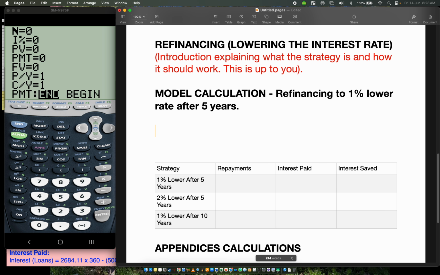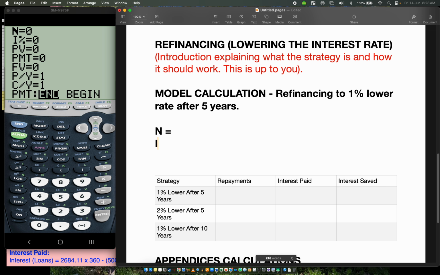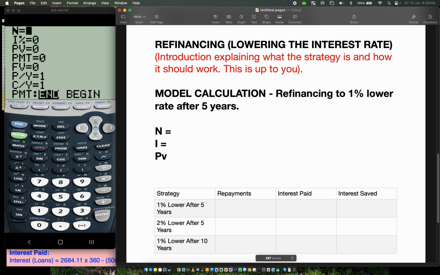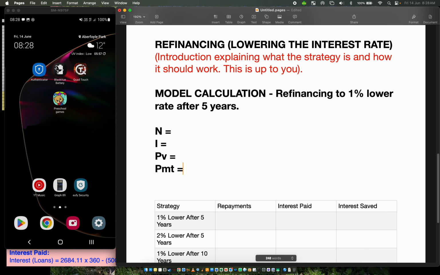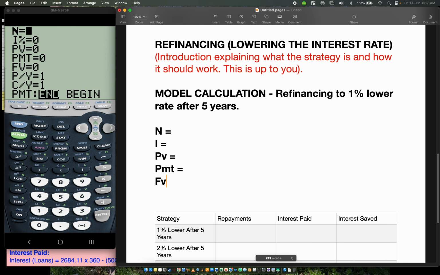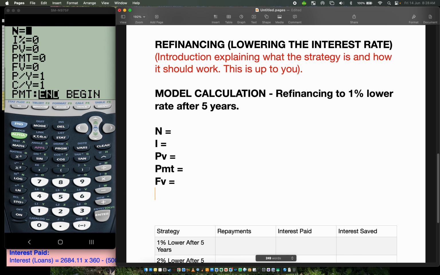So this is a TVM solver situation. N, I%, PV, PMT, FV, PY, and CY.